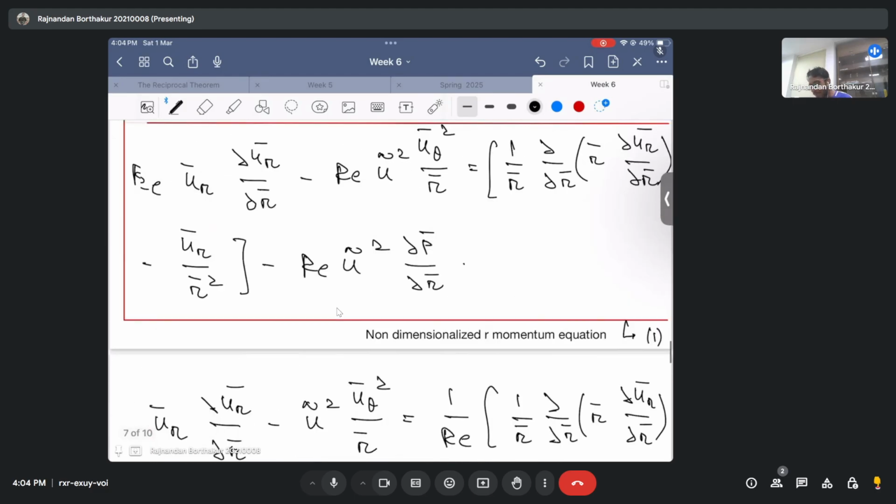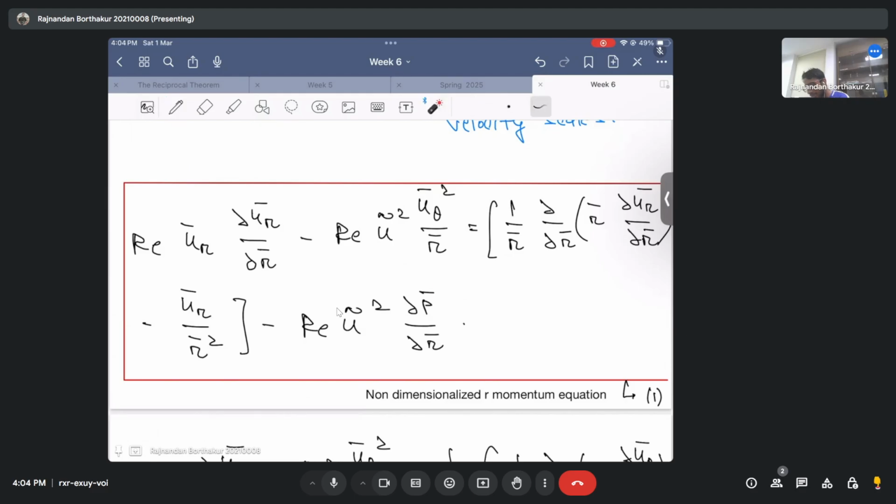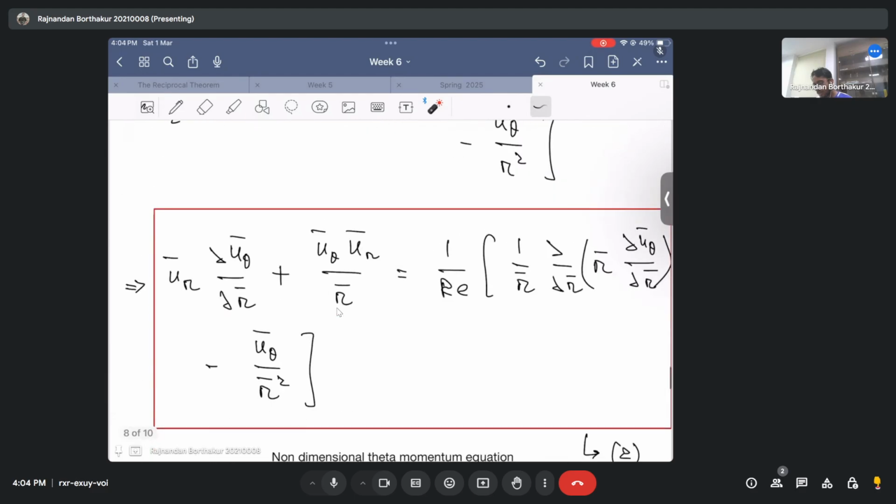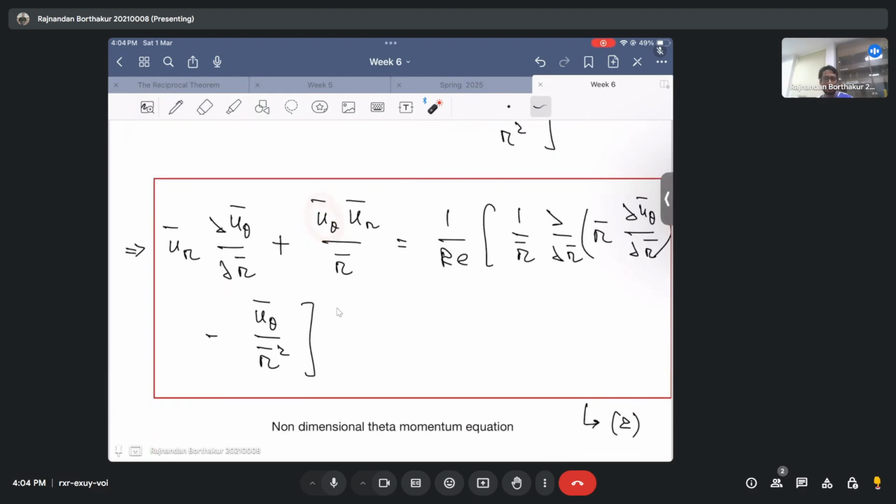See, we cannot do this in the r momentum, because in r momentum we also have pressure, which is unknown. So it's like two unknowns, u theta and pressure, and just one known, which is u r bar. So that is not possible. So once we get u theta and u r, we will use r momentum to get the pressure. But before that, we will use the theta momentum to get u theta, and then from u theta and the fact that u r is known, we will use the r momentum to get the pressure. So that's the algorithm that we will follow.